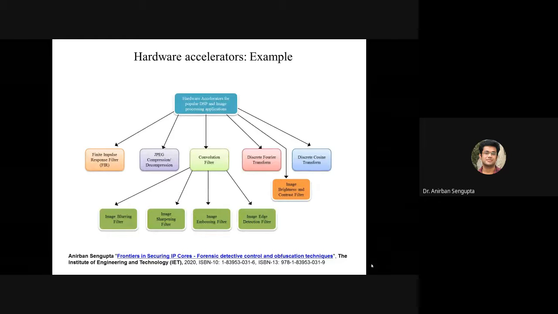What types of hardware accelerators or hardware platforms are often used in IoT frameworks? Some of the ones which I've put down here are very popular and often used, specifically in the domain of DSP and image processing. They are finite impulse response filters, JPEG codecs, convolution filters, FFT, DCT, and brightness and contrast filters.